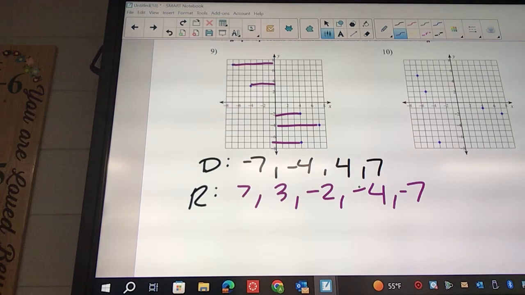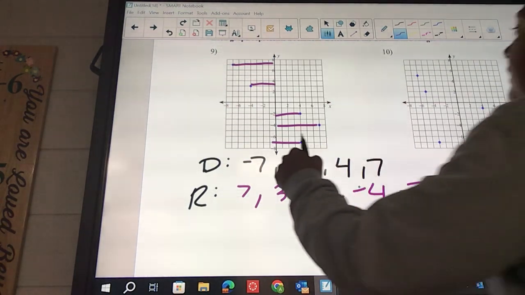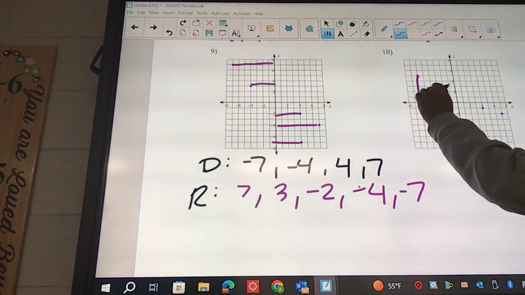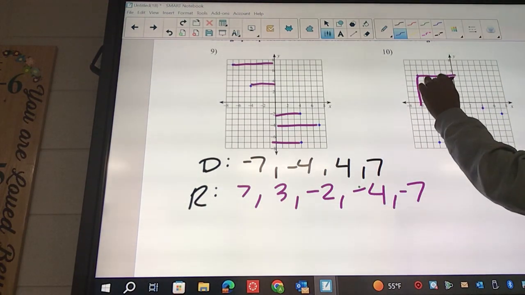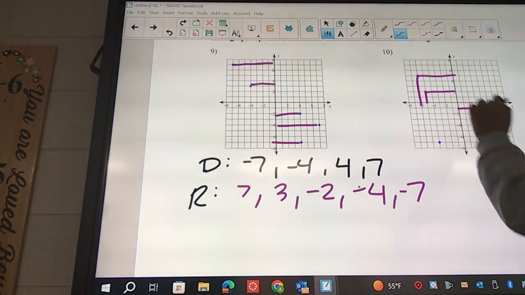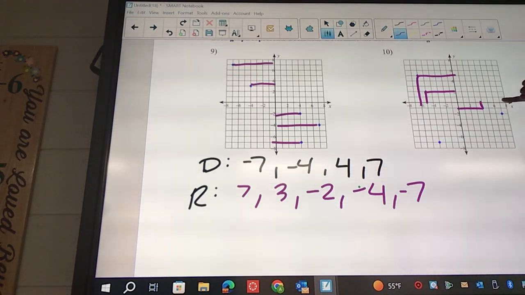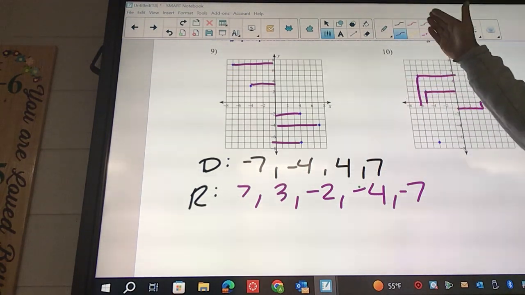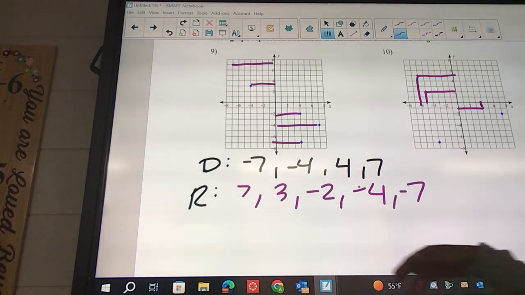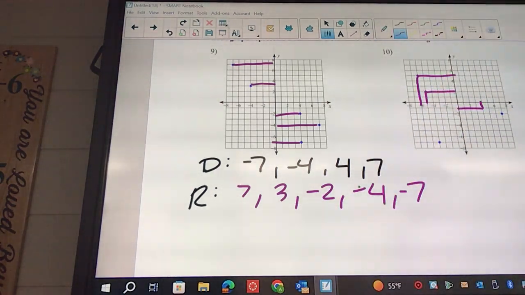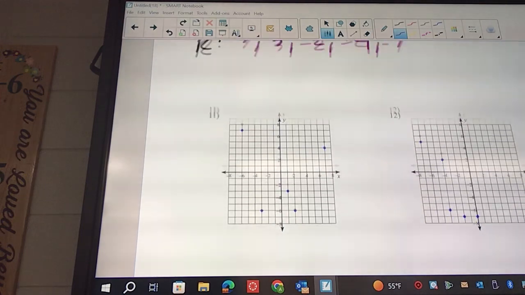Okay, the other way that you can do this, and some of you might have already, you can take these and draw like this. Go down and then go over. Then we look and see where it's touching the X line everywhere, and where it's touching the Y line everywhere. That's another way to do it.